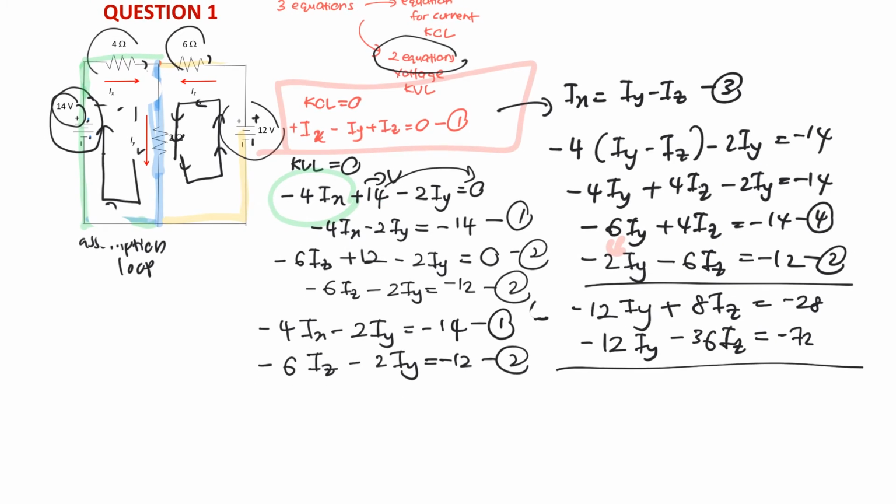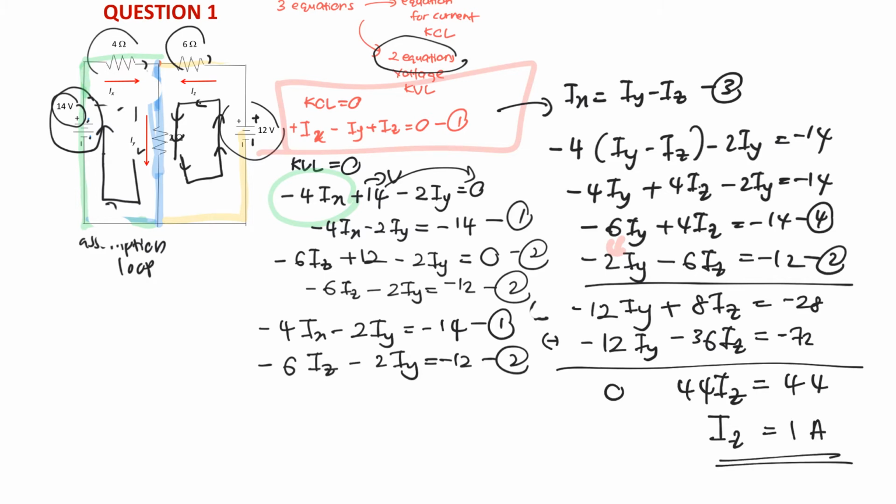Here minus minus, I'm going to put it as a minus here, so this one is going to be 0. So this one is going to be 44iz, and this one is going to be 44. So basically your answer is 1 ampere.